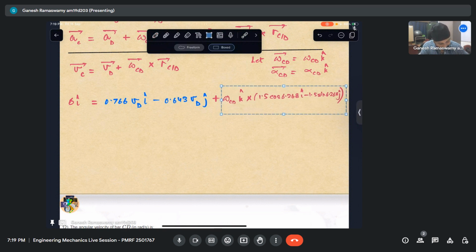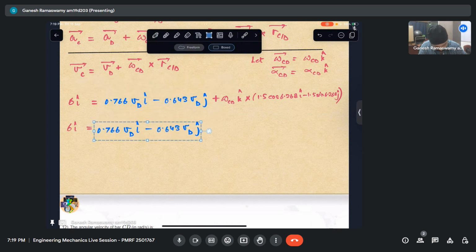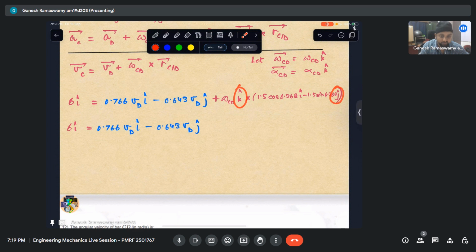So let us open this product out. So this is the 0.766 Vd term; I can just write it just like that. And k cross j is minus I and k cross I is plus j.